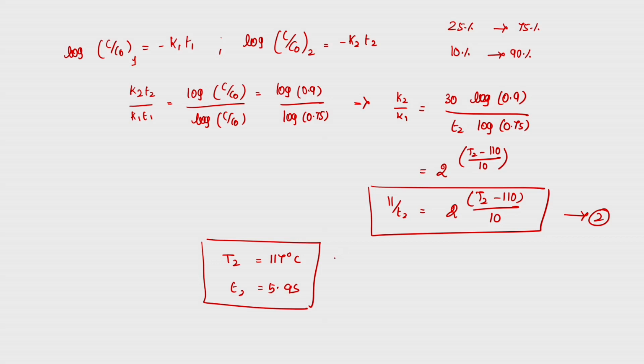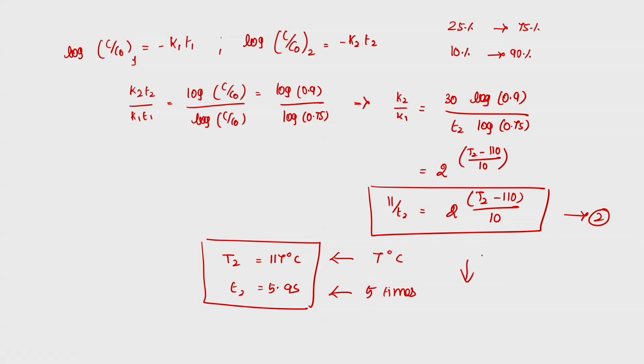So the temperature is increased here by 7 degrees, but almost 6 times reduction in your time, right. So earlier it was processed at 30 seconds, so now it is going to be processed at 5.9 seconds, almost 6 seconds. So I should say 5 times reduction.